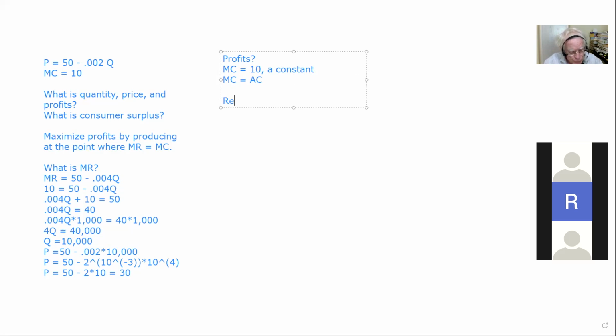Okay, so our revenues in this case are P times Q, which is 30 times 10,000.